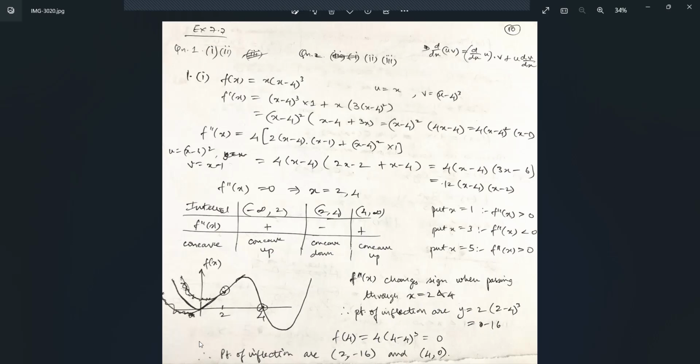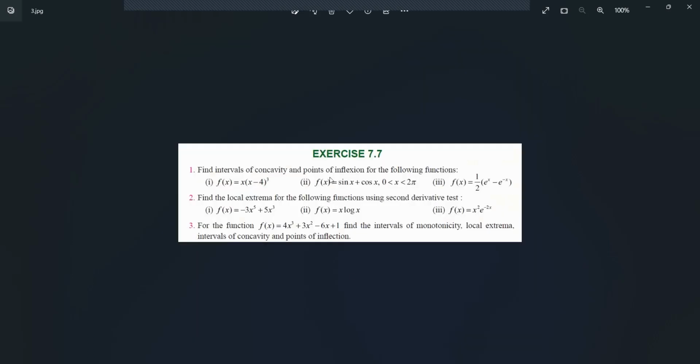So the points of inflection are (2, minus 16) and (4, 0). So this finishes that portion of the question. Now we'll move on to the next problem, which is f of x equal to sin x plus cos x.